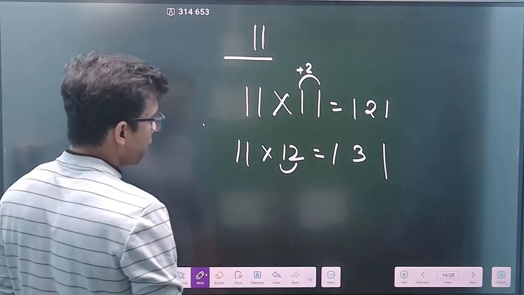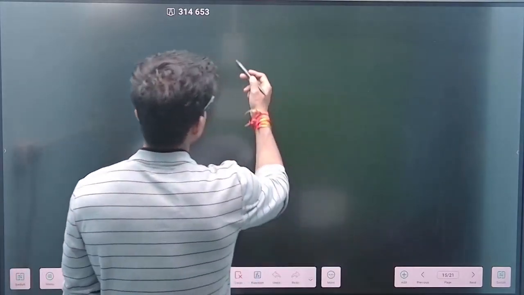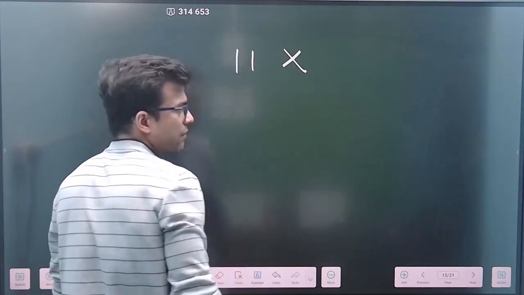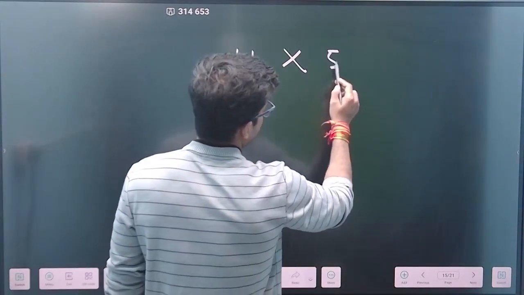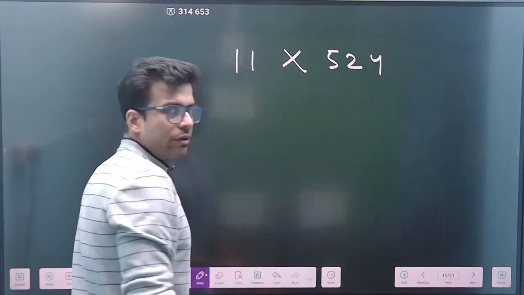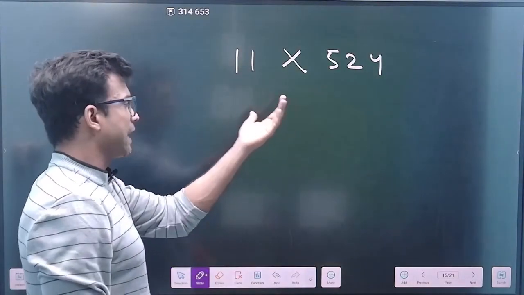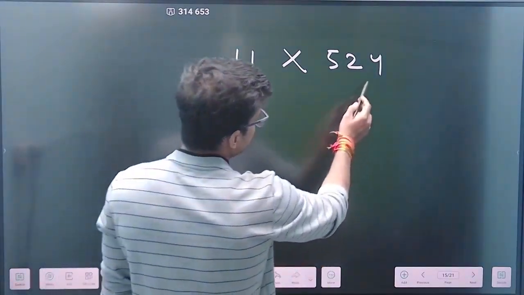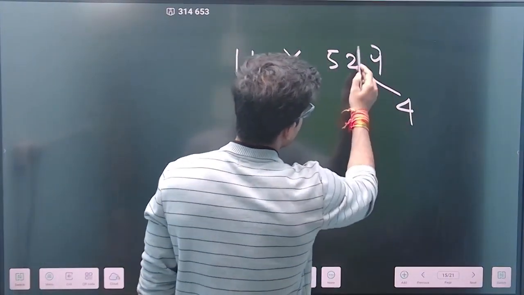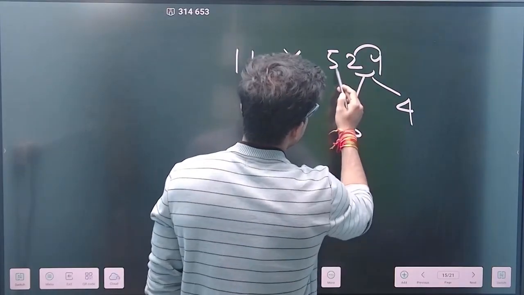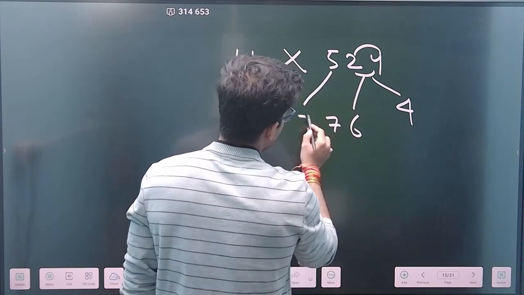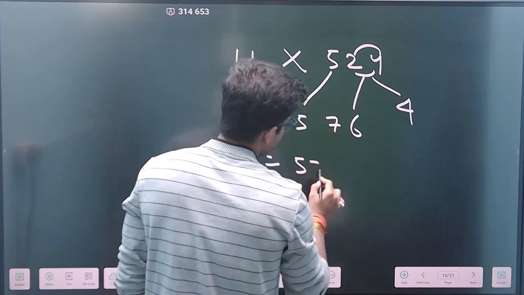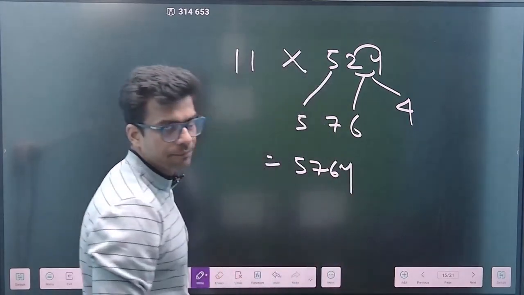Now suppose there would be a number like 11 multiplied with 524. Now you need to do what? You need to add from right to left. Write down this 4 here. 4 plus 2 becomes 6. 2 plus 5 becomes 7, and write down 5 here. So basically your answer is 5, 7, 6, 4.